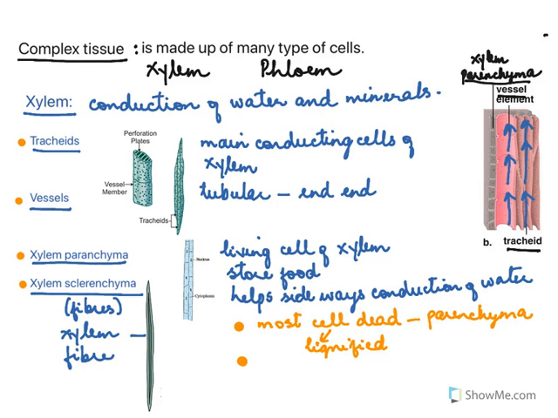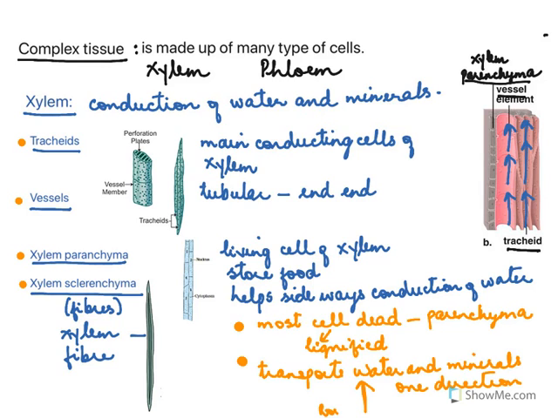And another thing we need to remember about the xylem is it transports water and minerals only in one direction, upwards. That is, from the root to the plant, not in the opposite direction. It's unidirectional. The movement in xylem is unidirectional.